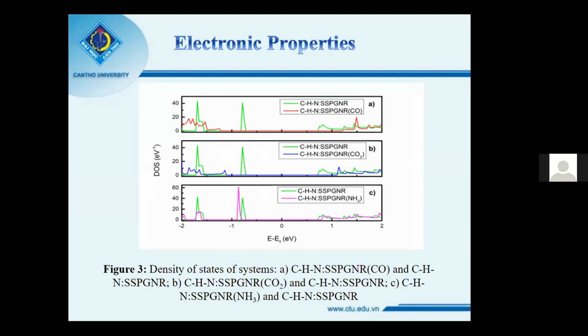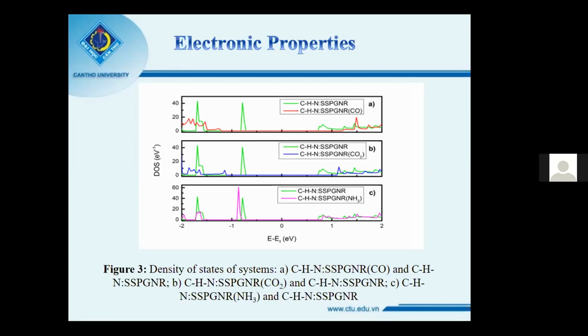The electronic property of pseudospectral nanoribbons doped with nitrogens were studied to understand the sensing capabilities to CO2 and ammonia. The density of states ensembles are shown in figure 3.